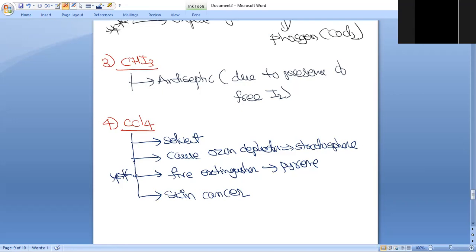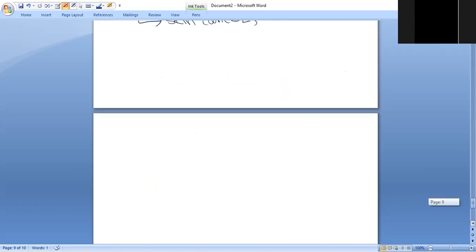These are some important points. Liver cancer also it will cause. So many abnormalities are there. These are some points related to this.